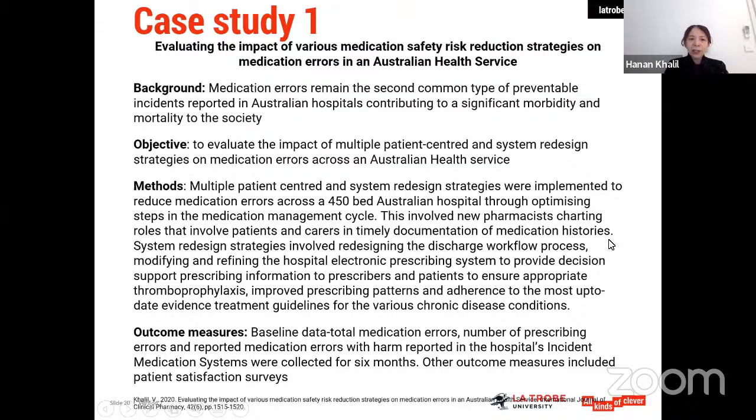They also had other initiatives in the intervention, system redesign strategies, which involved redesigning the discharge process and modifying the electronic prescribing system to provide decision support to prescribers and patients to ensure appropriate care, particularly alerts about thromboprophylaxis. So an alert came out every time you discharge a patient asking whether the patient has appropriate thromboprophylaxis or not.